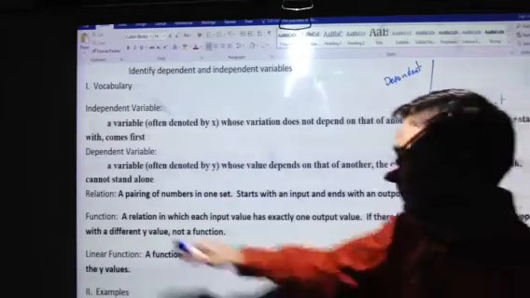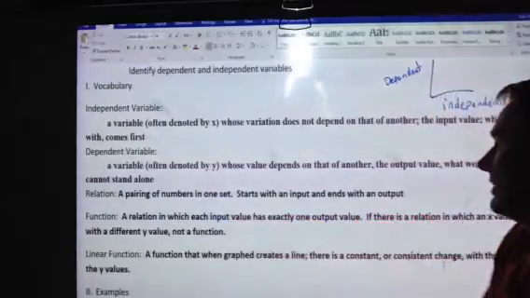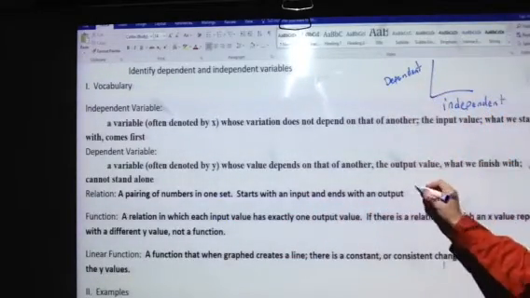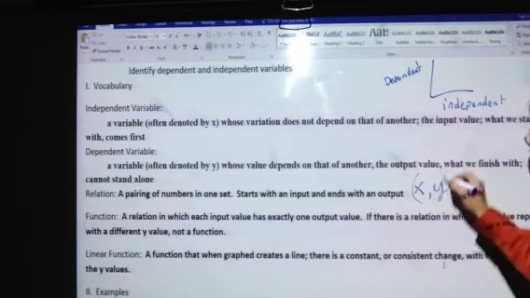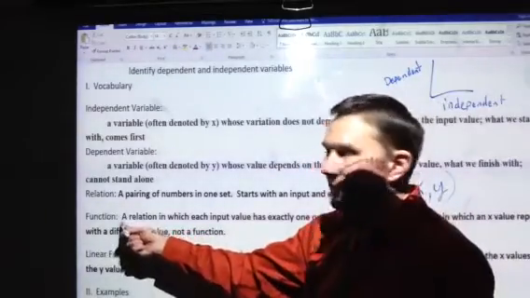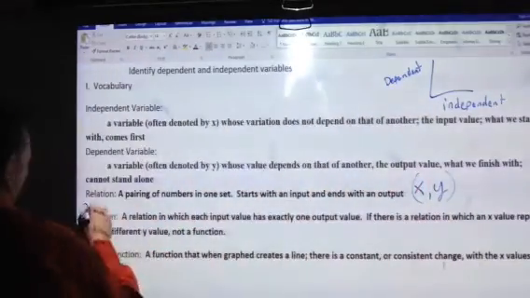The relation. A relation is a pairing of numbers in one set. It starts with the input value and ends with the output value. So we're going to see something, usually as an ordered pair of x comma y. A function. This is really important. Star this.